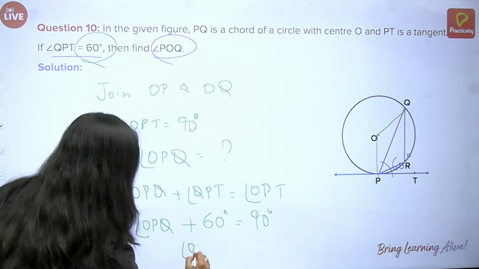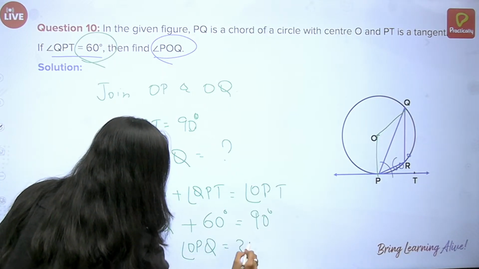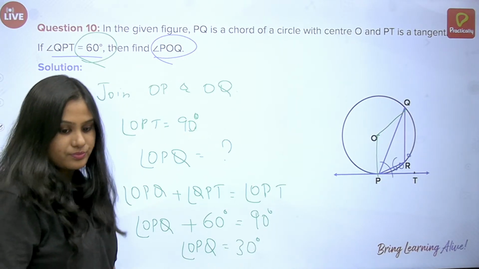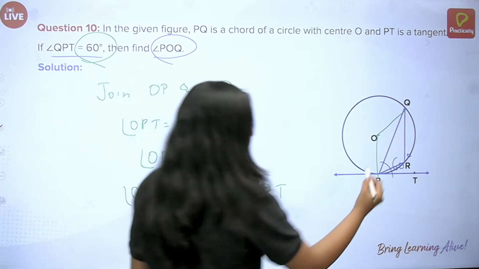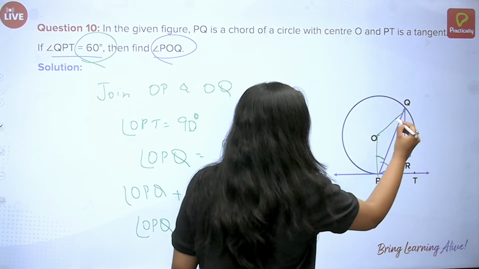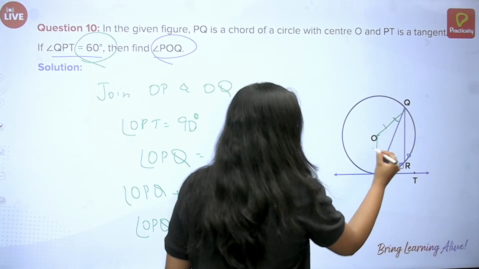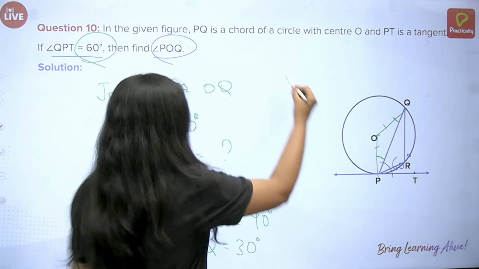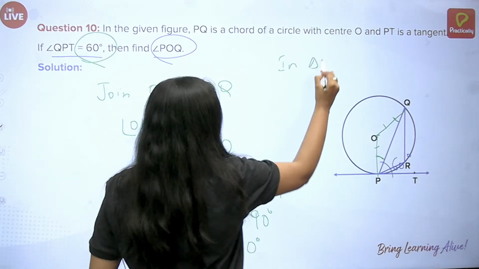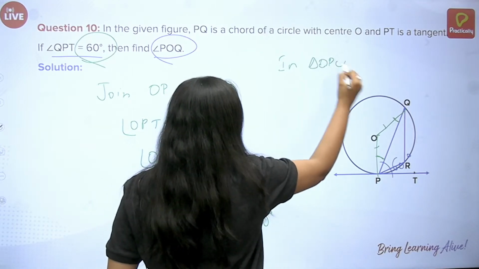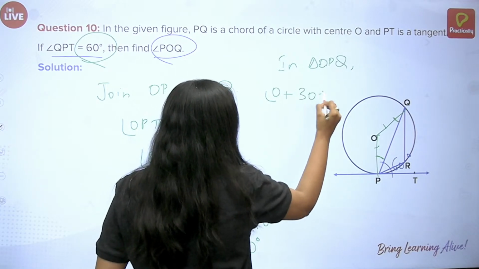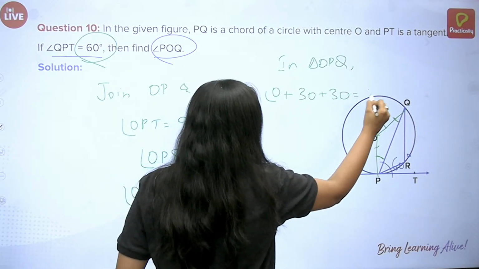So, if angle OPQ is 30, this will also be 30. Why? Because these two are radii, so base angles will be equal. Now, in triangle OPQ, angle O plus 30 plus 30 is equal to 180 degrees.